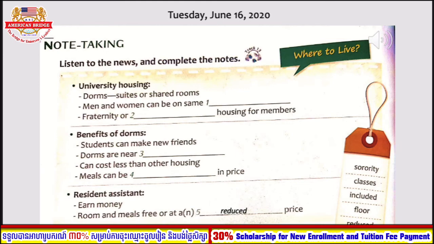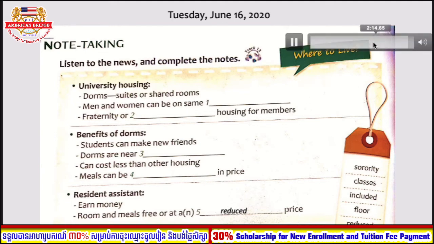Working as a resident assistant in student housing is one way to help finance an education. At many schools, RAs earn money as well as get their room and meals for free or at a reduced price. And that's the VOA Special English Education Report, written by Nancy Steinbach. Our Foreign Students series is online at voaspecialenglish.com.